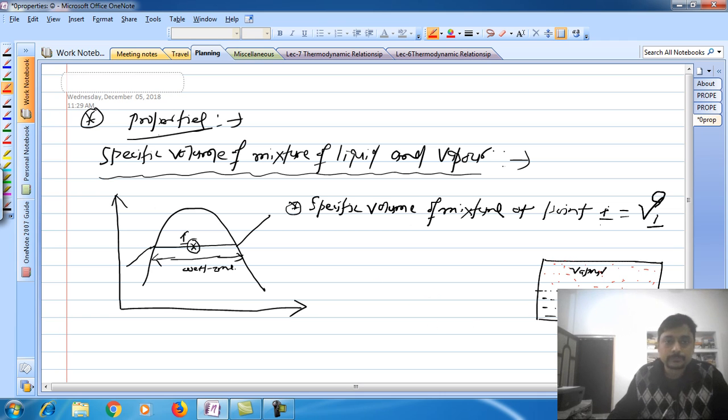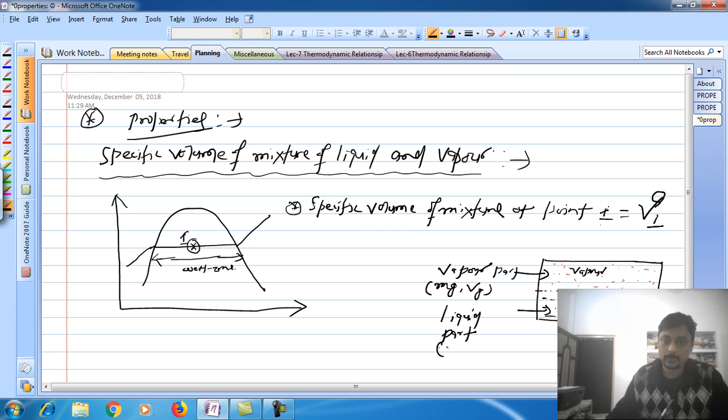Let us suppose the mass of the vapor part is mg and the volume of the vapor part is Vg.